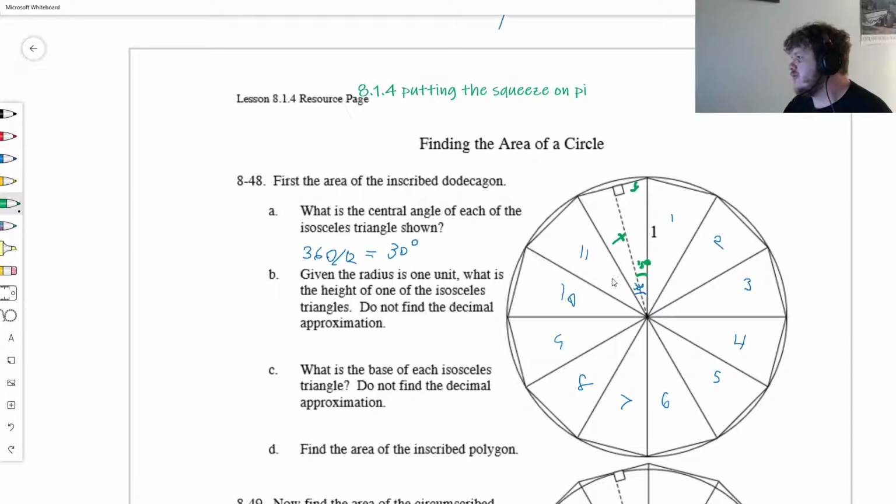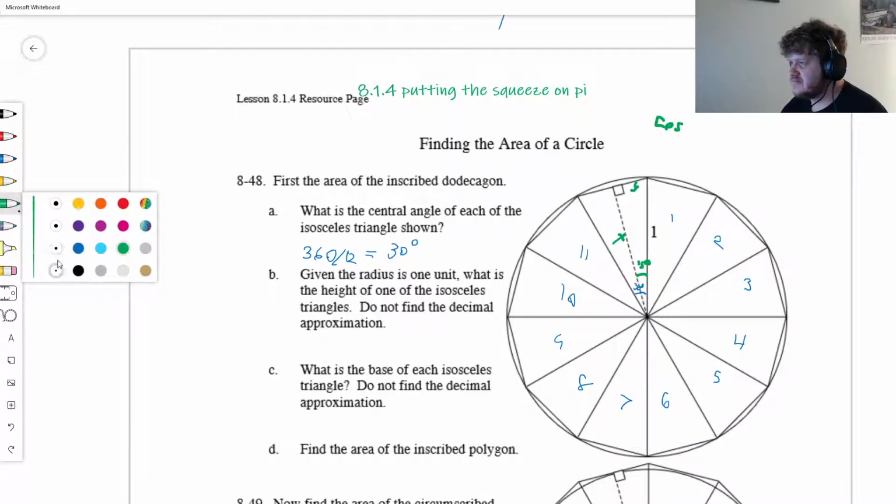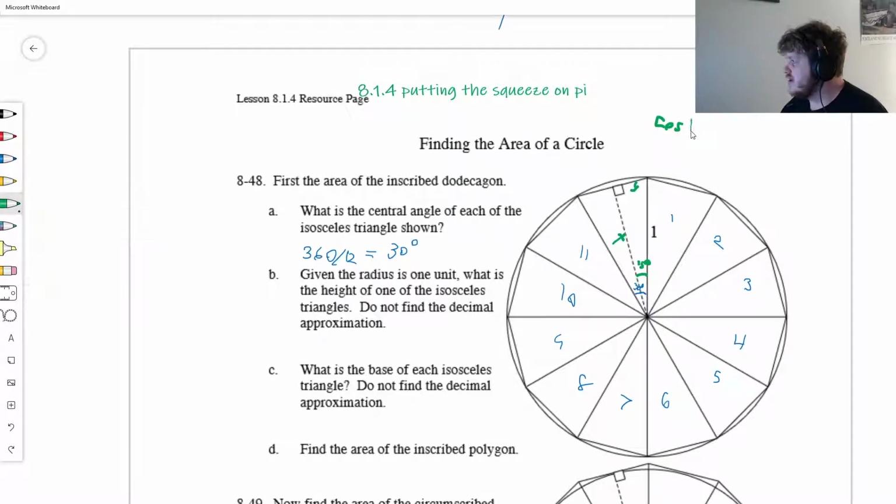So if we think about it, we have our unit circle, so we have our x value, we have our angle, and we have our radius. Well, wouldn't cosine of 15 equal adjacent over hypotenuse, so x over 1?